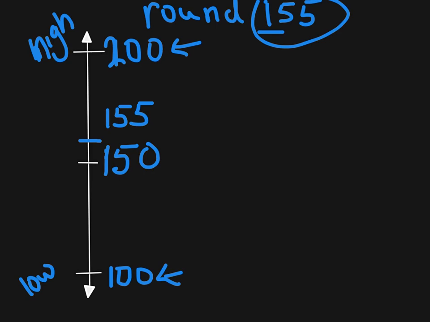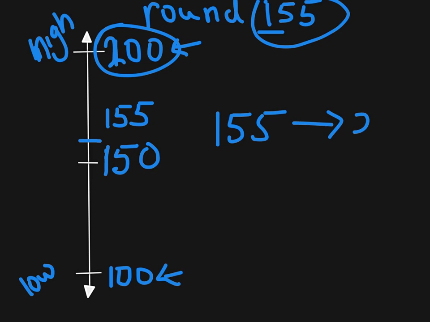And so I know that when it rounds, it's a little bit higher than the midpoint, so it's going to round up to 200. So 155 is going to round to 200.